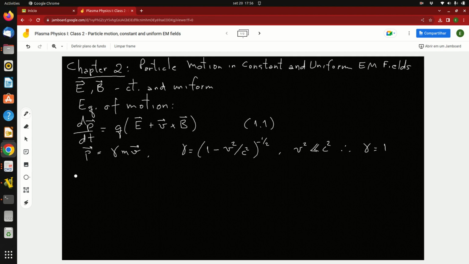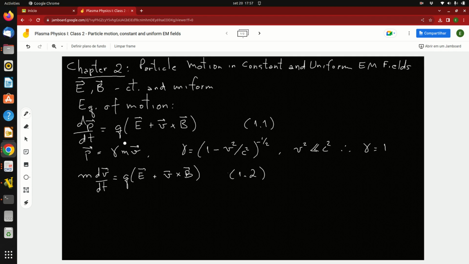In this case, we have constant mass. We are not considering relativistic effects here. We can write the equation this way: m dv/dt equals charge times E plus V cross B. That's equation 1.2.